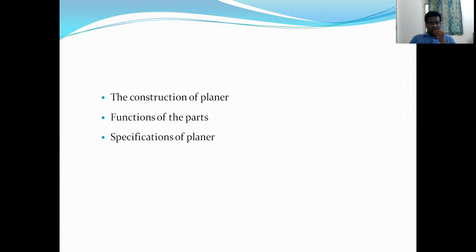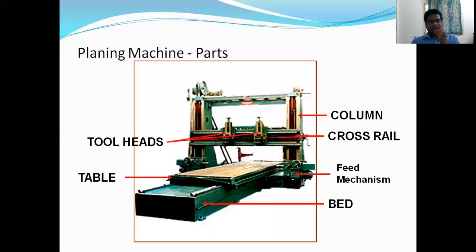Coming to the construction of the planer and the functions of the parts, and specifications of the planer. Okay. So planing machine parts: bed, table, tool heads, column, cross rail, feed mechanism.